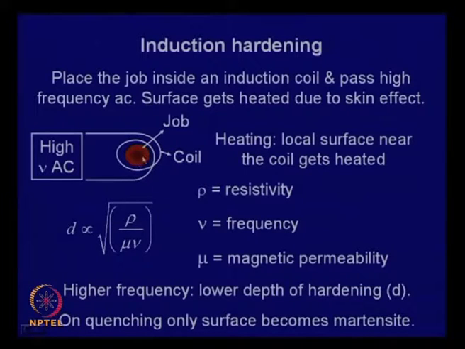This is a sectional view; the central core region does not get heated, it is the surface that gets heated, and after it gets heated, the depth of hardness will be determined. This is a particular expression which describes the relationship between the depth of hardening and the parameters which you can control, and what you can control is the frequency of the current.